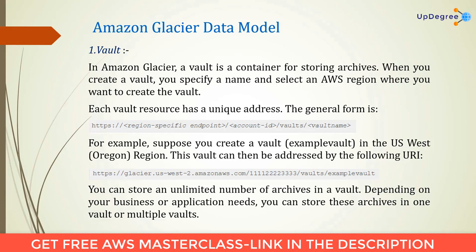So this vault can then be addressed by the following URI like https://glacier.us-west-2, that is the AWS region, .amazonaws.com/your account ID/vaults/your vault name. So you can store an unlimited number of archives in a vault.